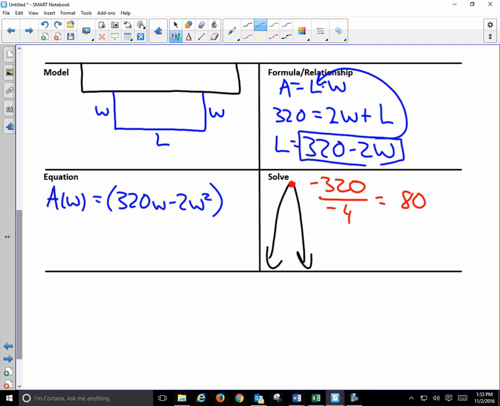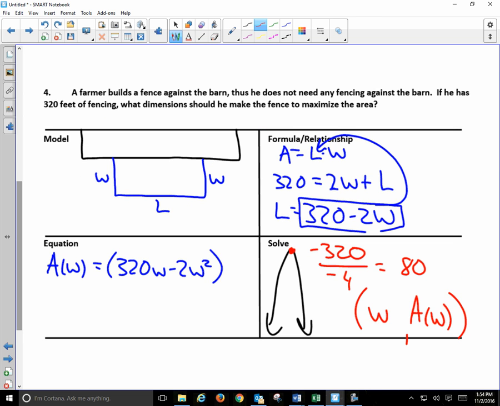The width. Because, remember, your vertex will give you an x value, in this case it is w, and then the y value will be A of W. So the y value would give you the area, the x value gives you the width. That's what we're finding. So I have 80 what? 80 feet.